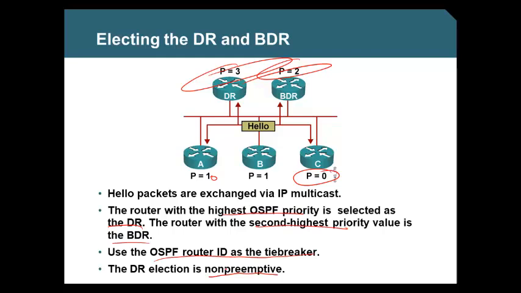The election will start again, then A has got a chance. Is there any other way? Yes, there is one way. What is that? Shut down this device. If you shut down this device, BDR will promote itself as DR.